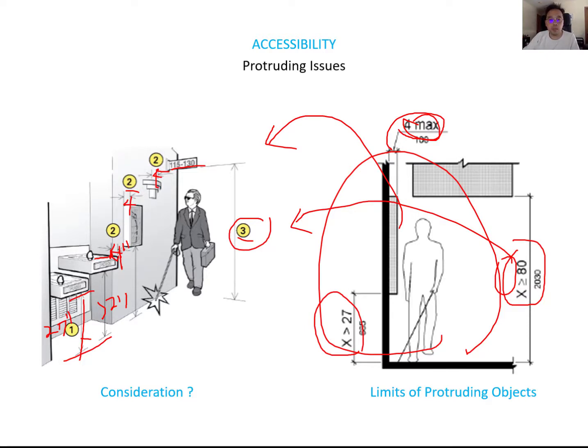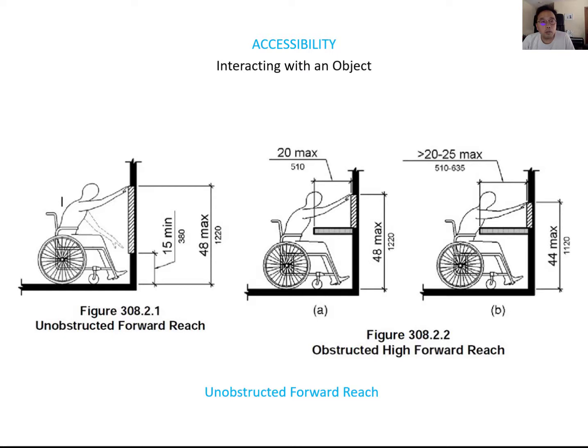So now we discuss interacting with an object, which is reaching accessibility. When people use a wheelchair, we also have to consider this reaching distance. When a wheelchair approaches the object, there should not be any obstructing element before reaching the object.